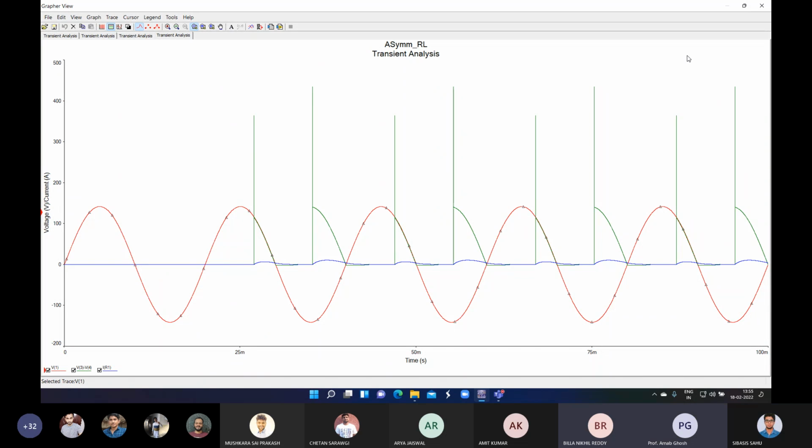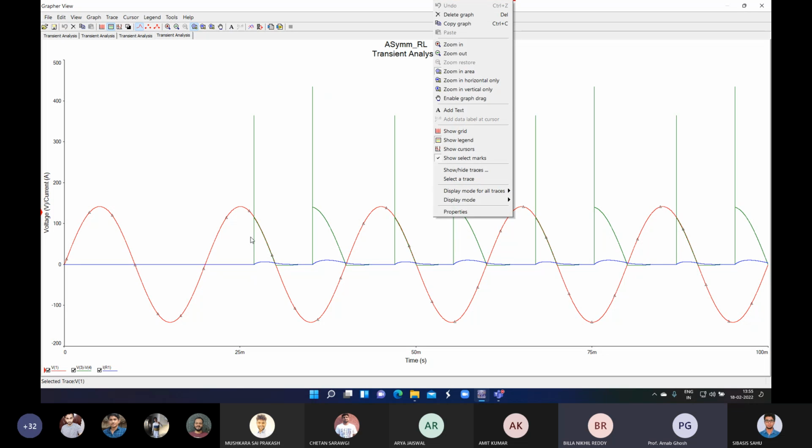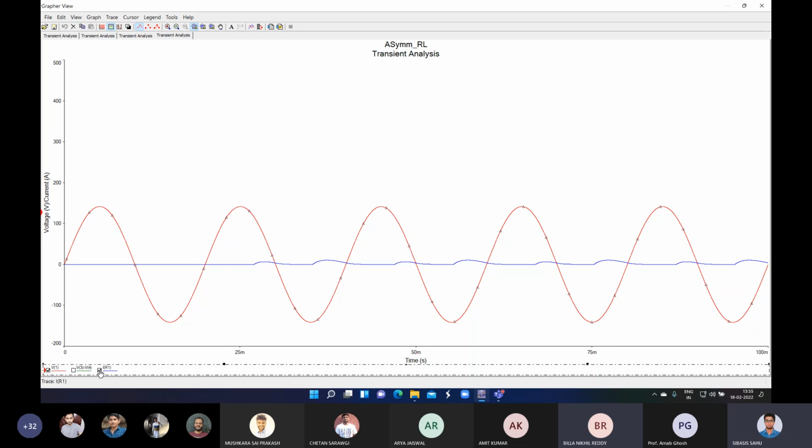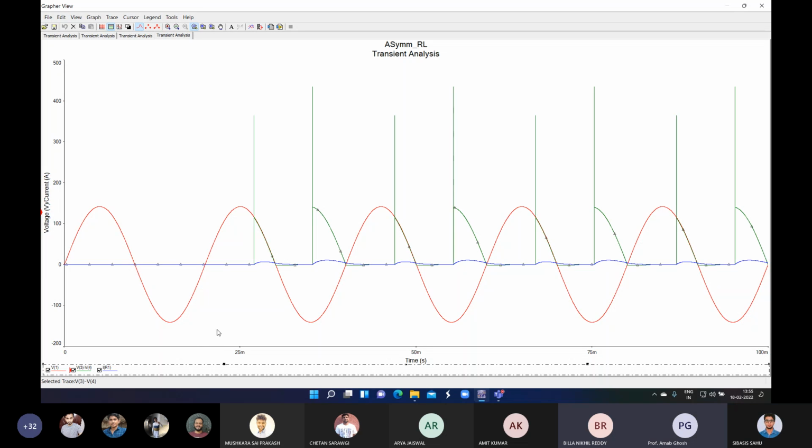Make it zoom. Okay, voltage and current pattern. Zoom the current pattern. Sir, only the current. Both will be there. Input voltage, please uncheck it. Now zoom that negative portions. Negative is not there. It's a semi converter.